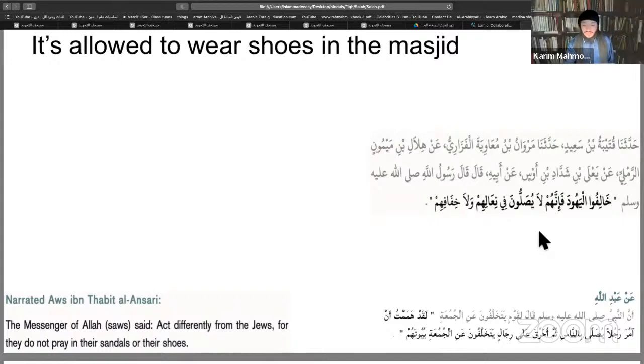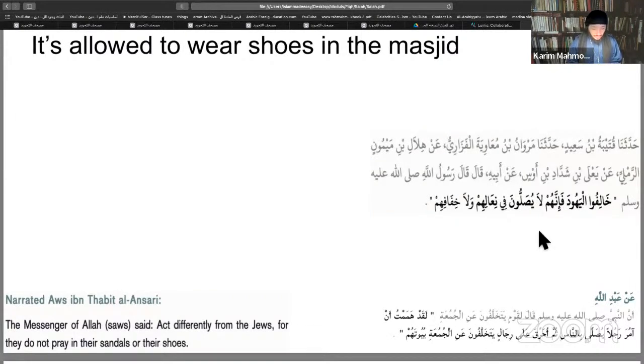The Prophet ﷺ in his masjid, there was no carpet, no rugs or anything of that sort. So therefore, it was okay for people to pray with their shoes on. But for us now, we have carpet and we have rugs and things like that. And this is the reason why we take our shoes off. But is it sinful to have shoes in the masjid?